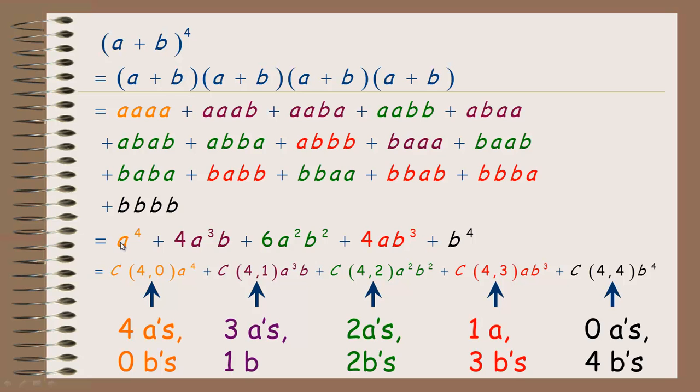Now, there's 4 ways to get 3 a's and a b, which would be an a cubed b term. You could go a times a times a times the b. So let's say that's that term. You could go a times a times b times another a, so that's that term.